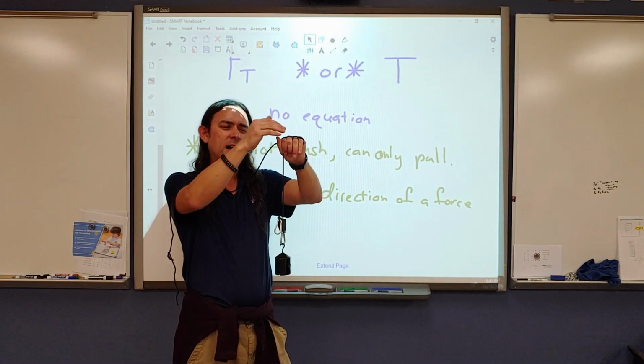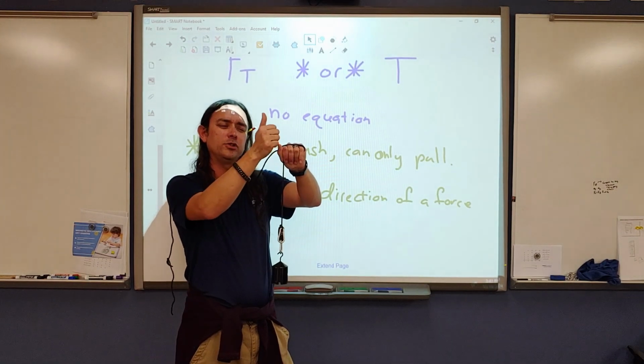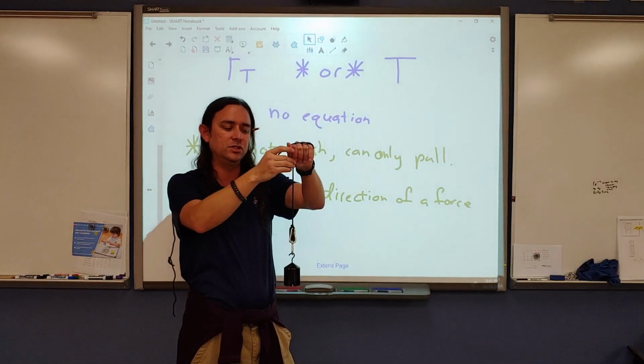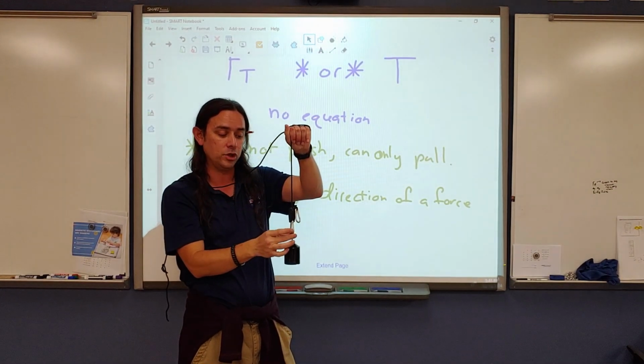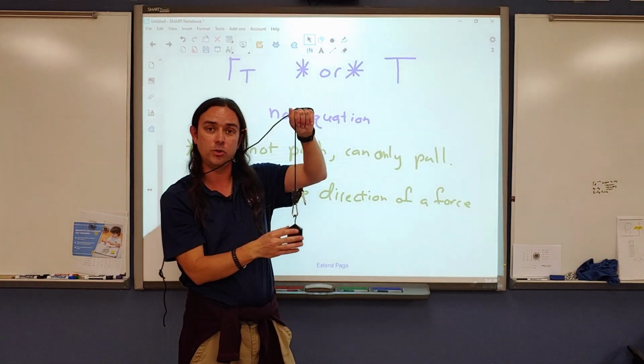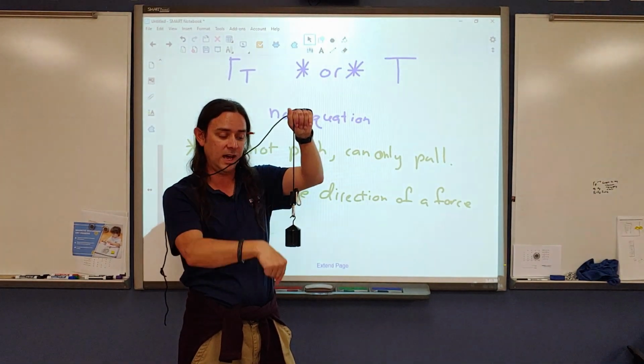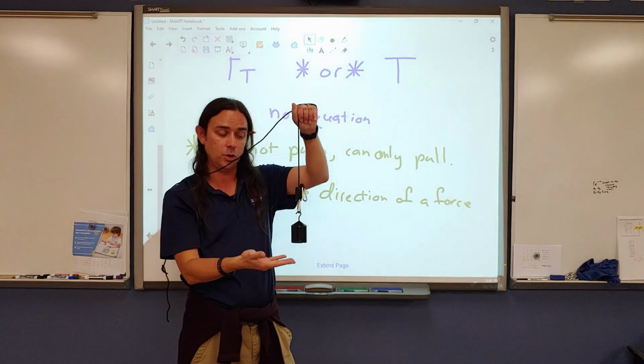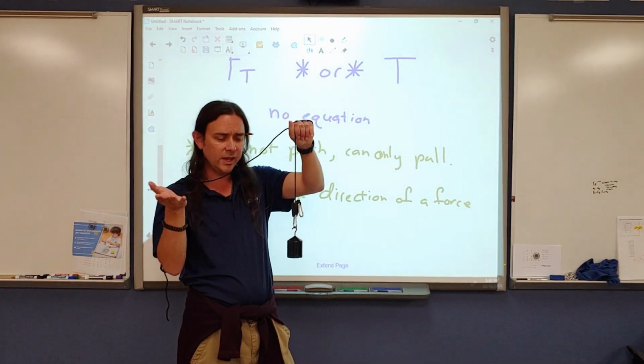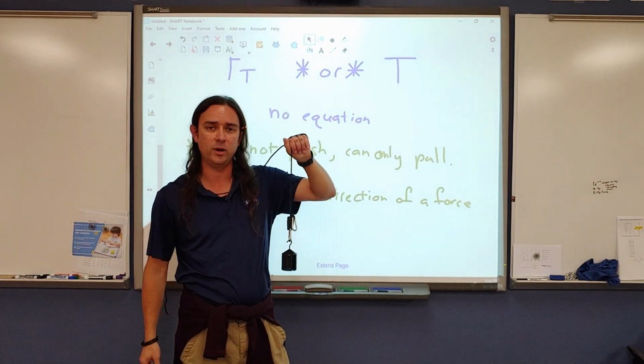Now, I'm not exactly applying the force of tension, I'm actually pulling on the string. I'm pulling up with 10 newtons, and the string is now carrying that force over and applying it onto the hanging object. But we've got 10 down and 10 up, so the object can remain there. Acceleration of 0, it continues doing whatever it was doing.